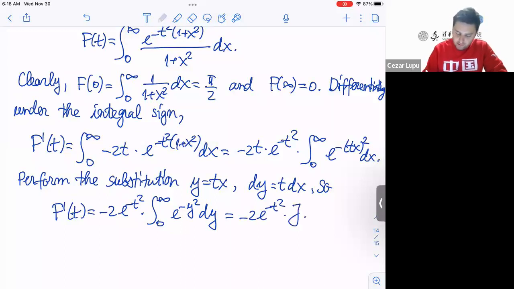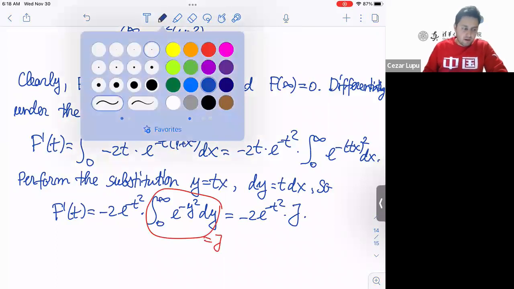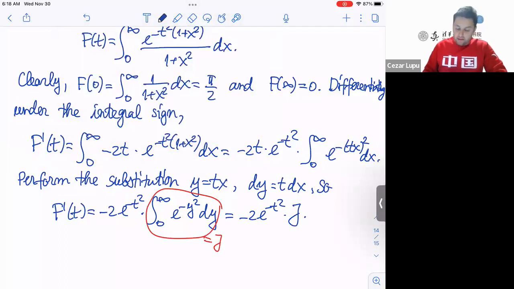That's great. As you can see, we have it here. This is our j. That's beautiful. But on the other hand, we can do something else too.